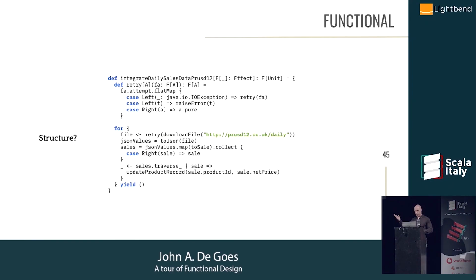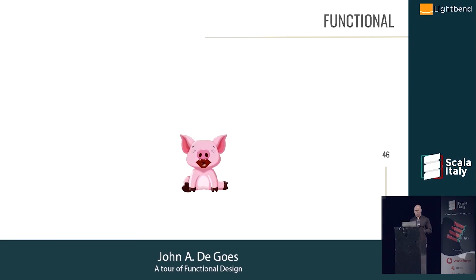And so there is structure here. The structure, however, is very low level. It is not really connected to this business domain problem. It's way, way, way down here at the level of functional effect systems. And that gives us a lot of things. But ultimately, this is an imperative solution to this problem.